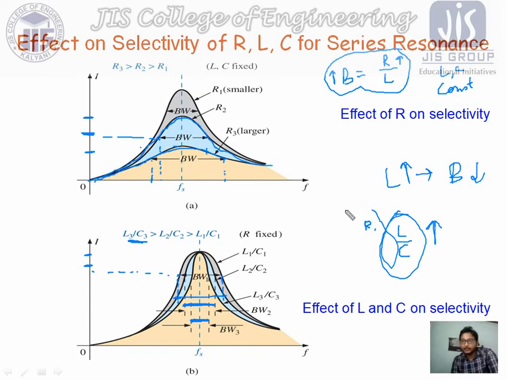From the half power frequency we have seen the characteristics, the quality factor, and based on that the selectivity. Based on the values of R, L and C, we have also seen how the bandwidth changes, and based on that bandwidth how the selectivity changes.